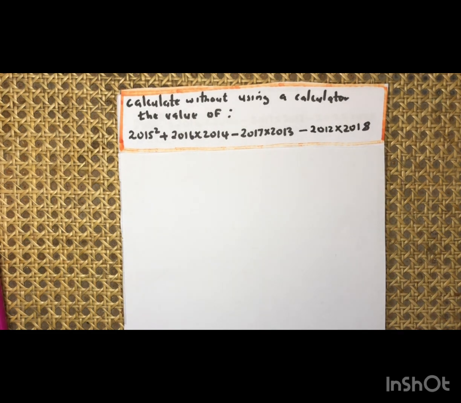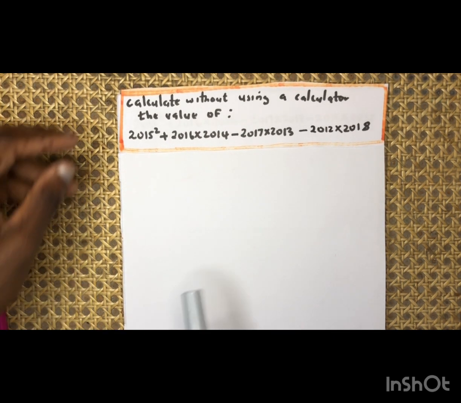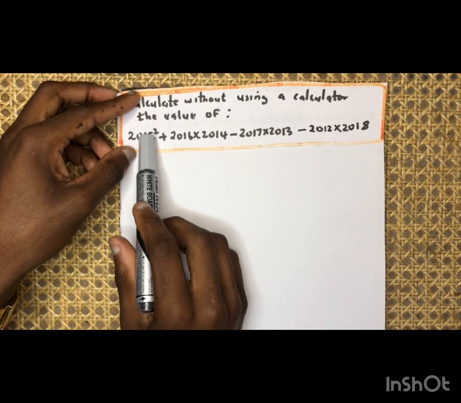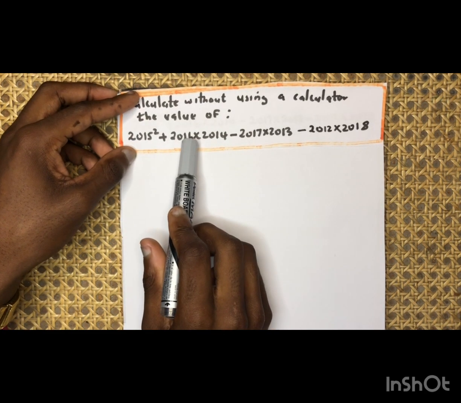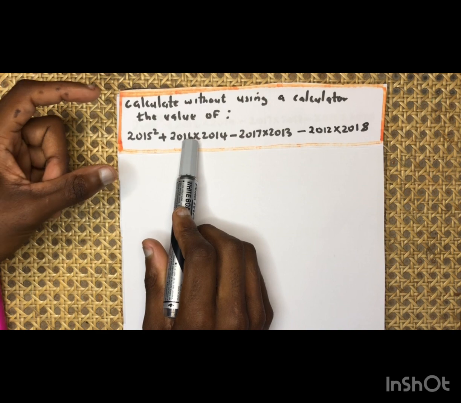Wow, big numbers. So even if you press your calculator, the calculator will say maths error. Listen, guys, when you have big numbers, you must let. So now I see that I have 2015, I have 2016. So what I have here is 2015.